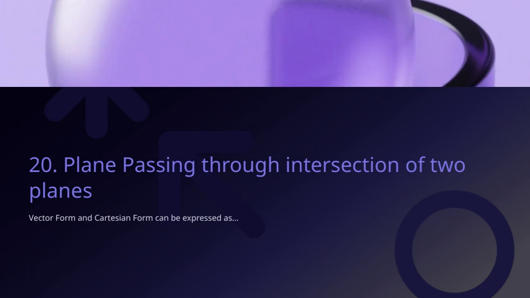The key point here is that the general equation of such a plane can be expressed as the sum of the two plane equations, each multiplied by some scalar. This scalar acts as a parameter, giving us a family of planes passing through the same intersection line. It's a concept that ties together the geometric intuition with algebraic representation, reinforcing the overall theme of how geometry and algebra work hand in hand in three-dimensional space.